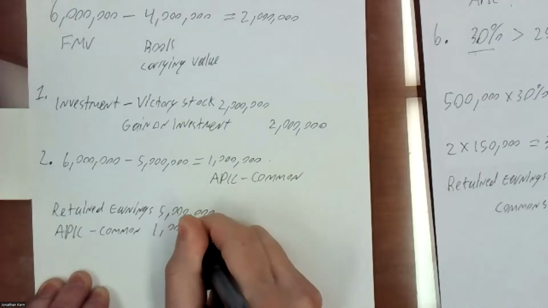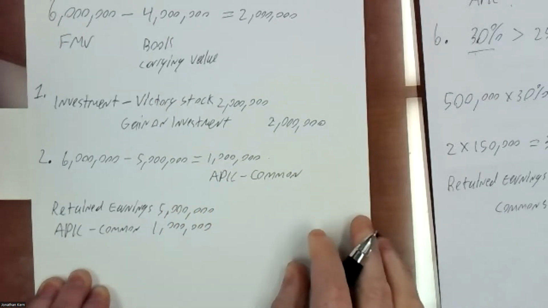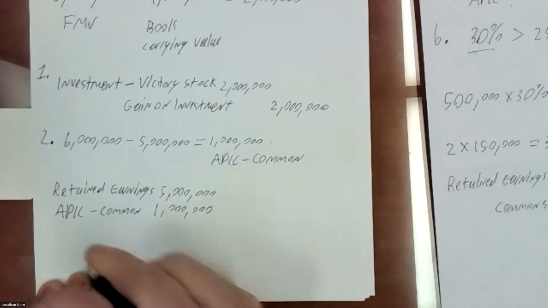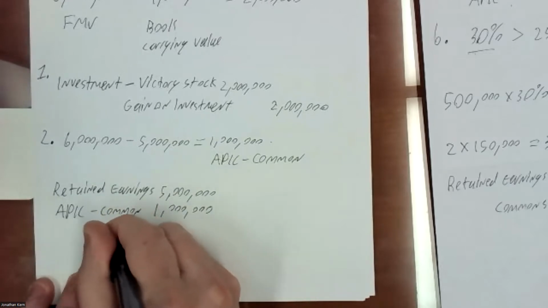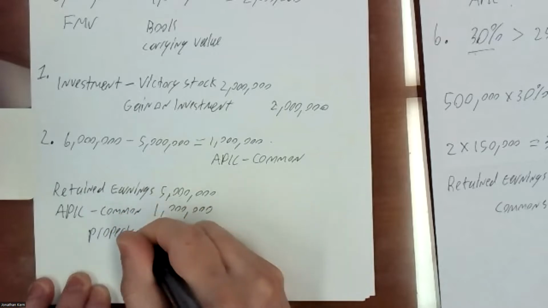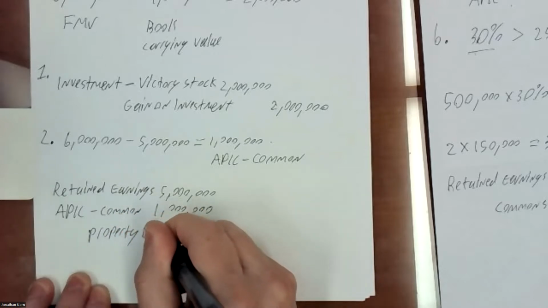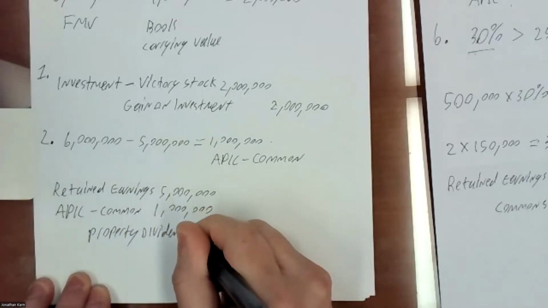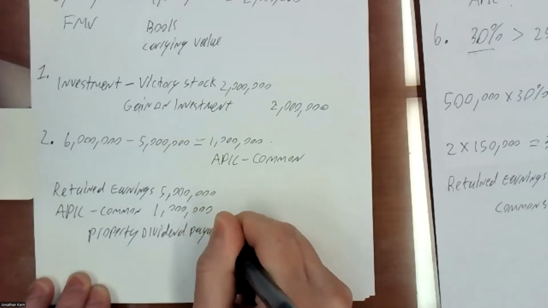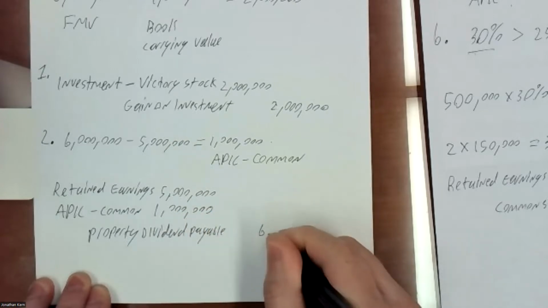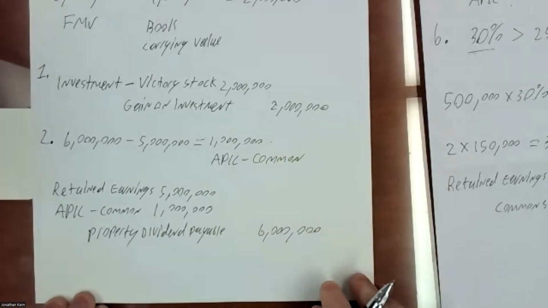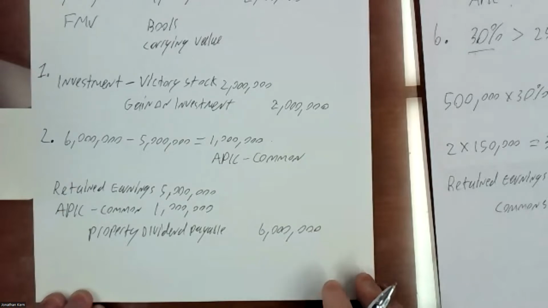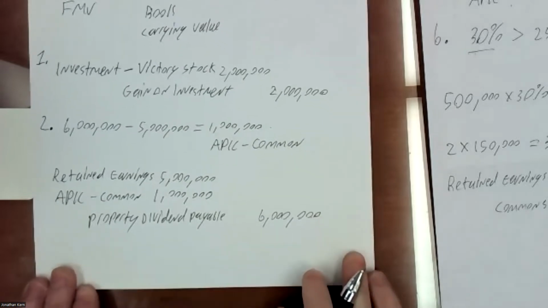And then we would have a credit, and the credit goes to property dividend payable of $6 million. And this is how we would answer C.